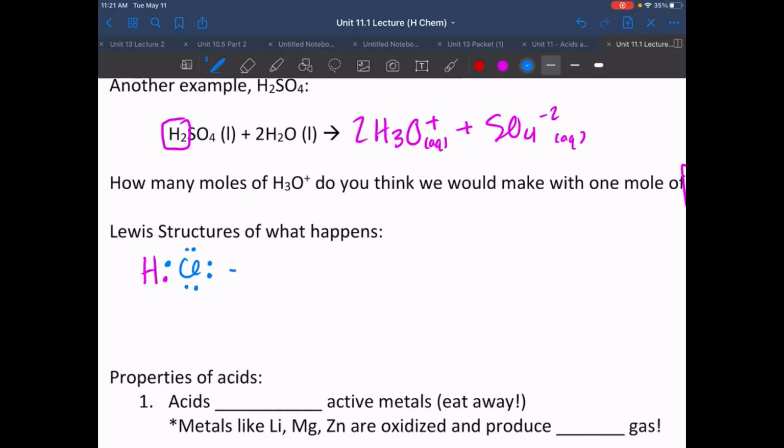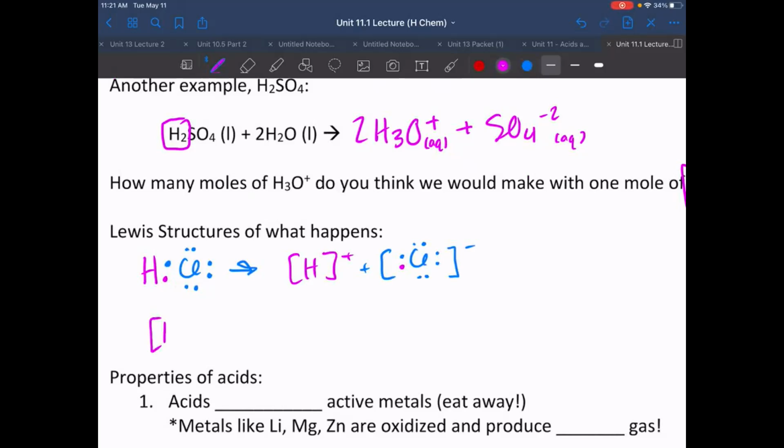What ends up forming is you get a H plus molecule. So remember we use brackets and then the charge. And that electron that came from hydrogen stays with the chlorine. So these are the 2 ions that they make. They make the H plus and the Cl minus.